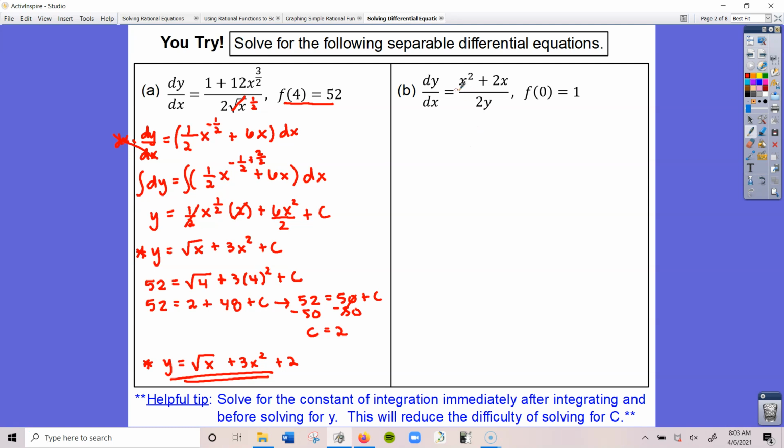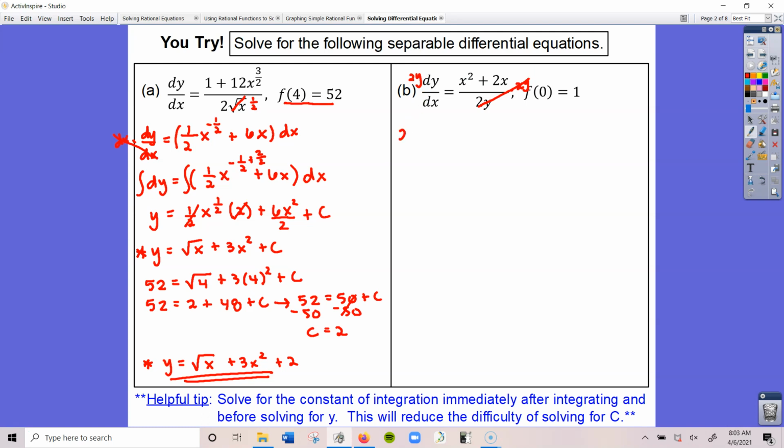Now over here we have dy dx is equal to x squared plus 2x divided by 2y. Now we want the y's to be on the same side and the x's on the same side. So what I'm going to do here is multiply 2y over to the other side.